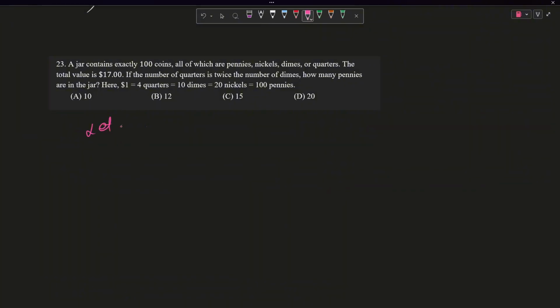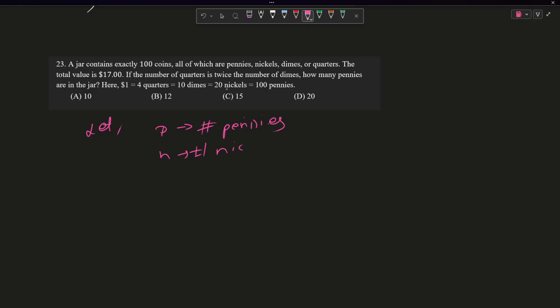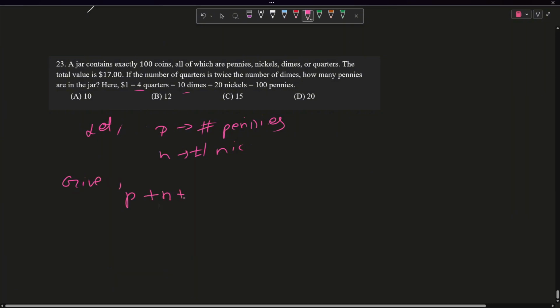So let P be the number of pennies. N is the number of nickels, and so on. D is the number of dimes, and Q is the number of quarters. Then given P plus N plus D plus Q is equal to 100, this is equation 1.